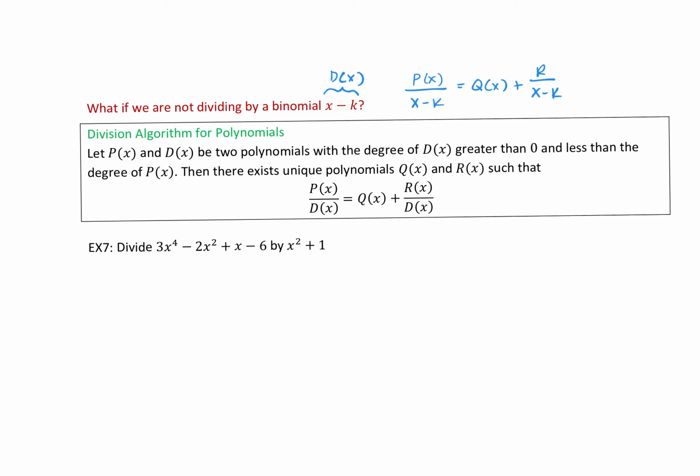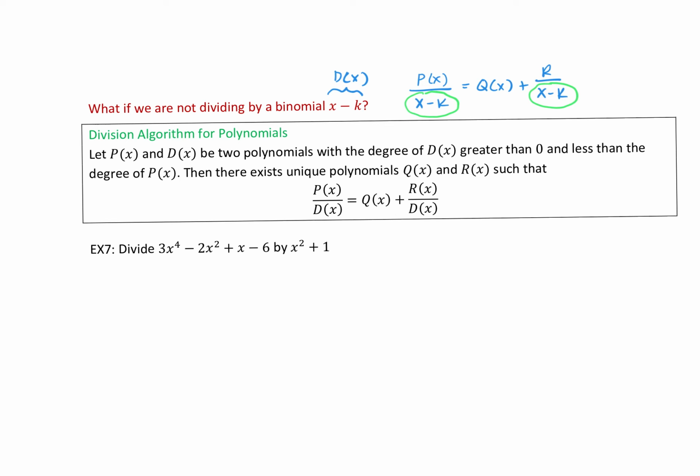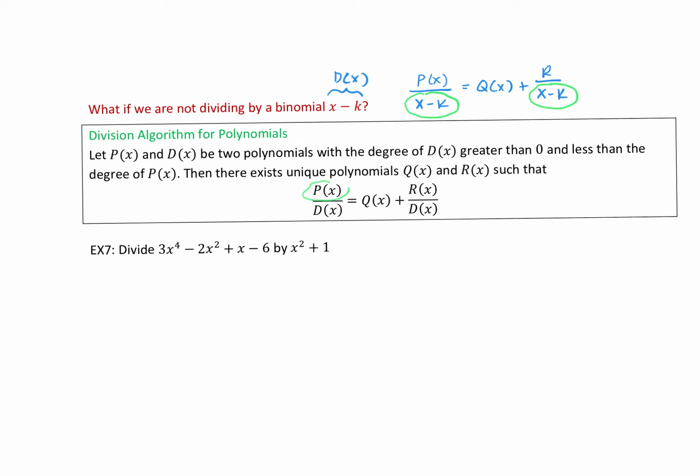So now if we are no longer dividing by x minus k, but instead just some generic d of x, then just substitute x minus k with d of x, and we get this generic formula where we have p of x, which is a polynomial, divided by any polynomial as long as the degree of d of x is less than p of x.